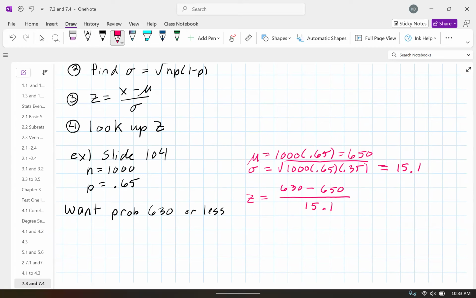Negative 20 divided by 15.1 is going to give me negative 1.32. And that is a really weird place for my equal sign.